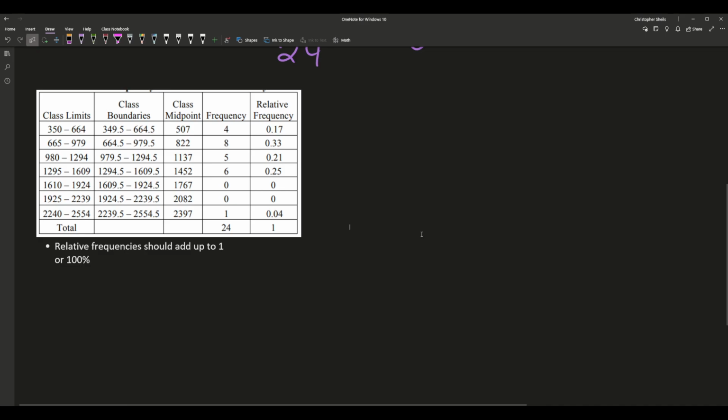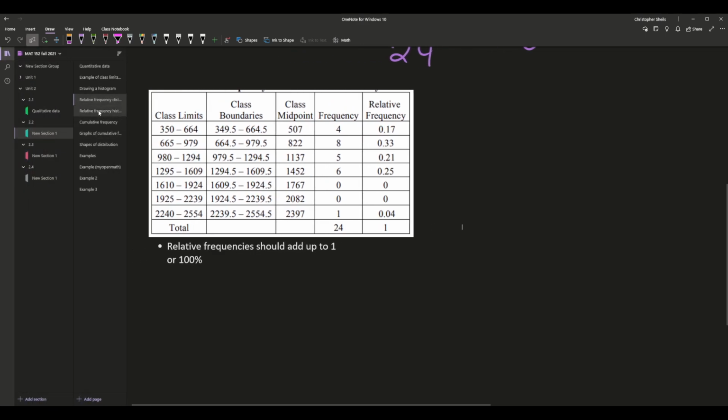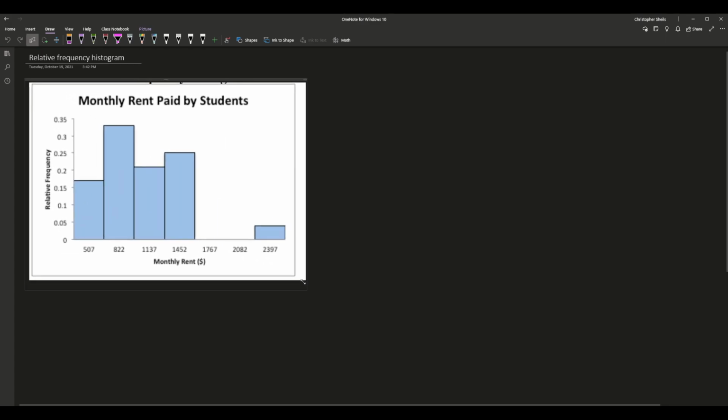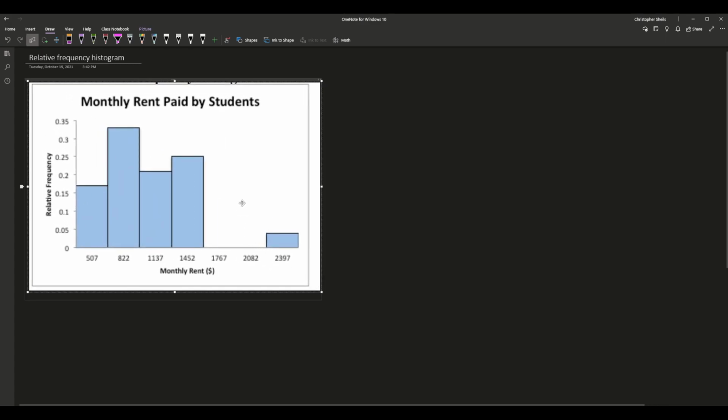The graph of a relative frequency distribution is known as a relative frequency histogram. This actually looks very similar to the histogram that we looked at yesterday. It actually looks identical to the frequency histogram, but the vertical axis is now relative frequencies instead of frequencies.